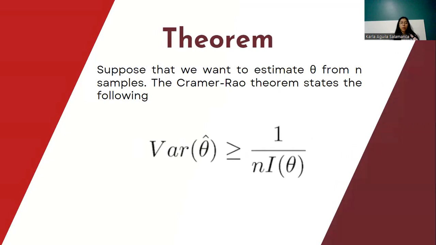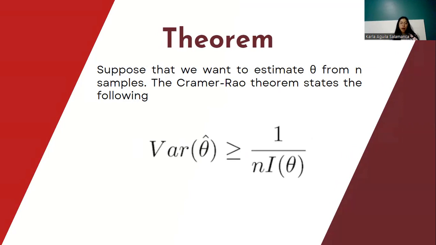And in the theorem, we suppose that we want to estimate theta from n samples. So this theorem states the following formula, where the variance of the estimator of theta is greater than or equal to 1 divided by n I of theta.